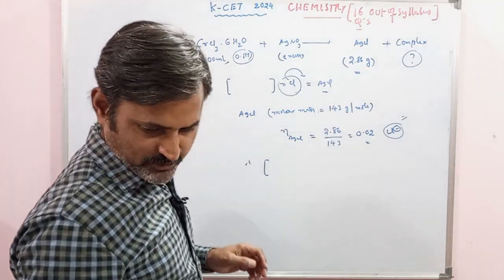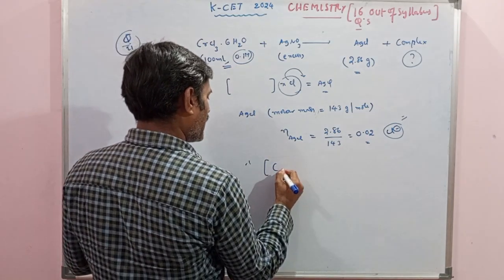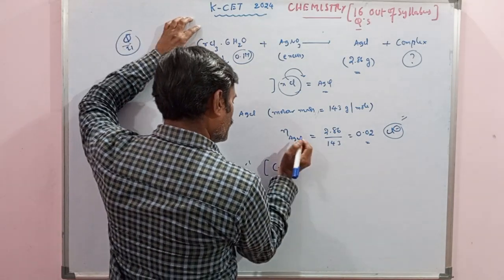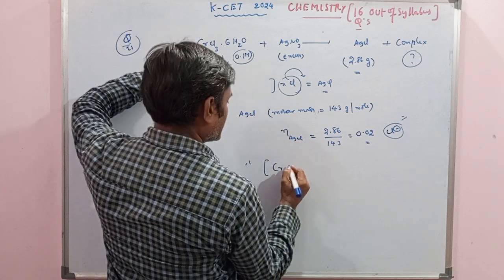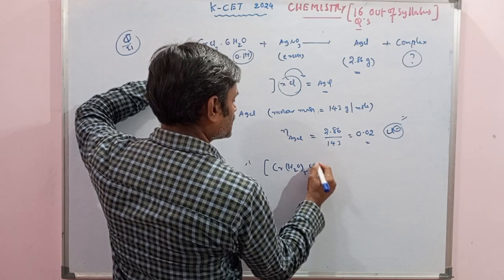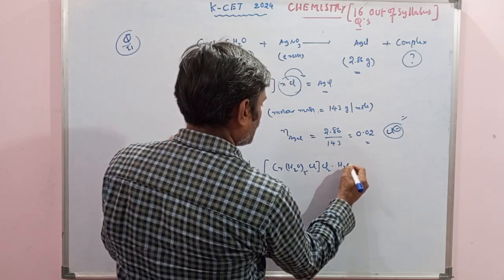So the question is very clear. In the square bracket for CrCl3·6H2O, you will write only one Cl inside, 5 waters and 1 Cl inside, and 2 chlorines outside, and one more water outside.